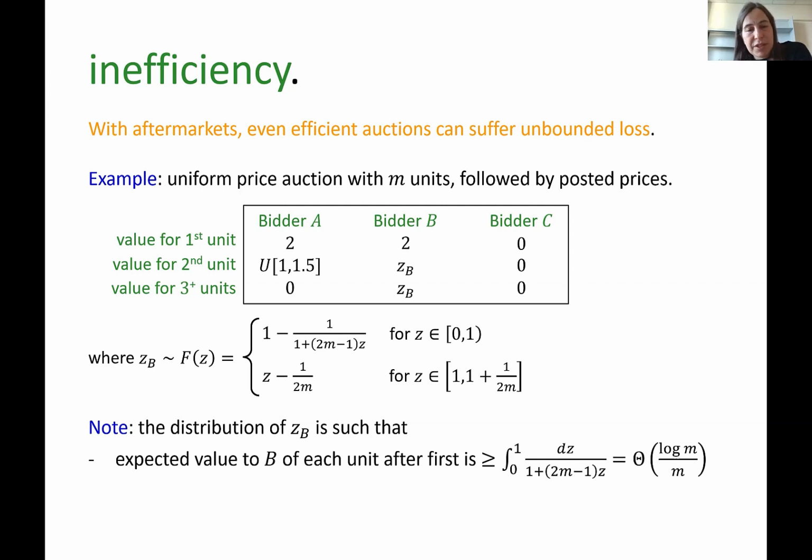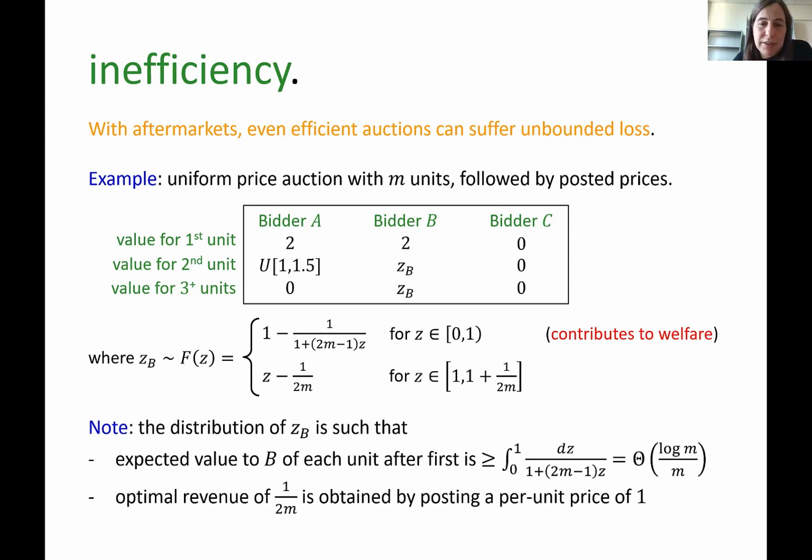And so we can integrate the first part of this CDF and see that the expected value is going to be something like log m over m. So this is vanishing, of course, but positive. And so this is going to be the primary contribution to the welfare.